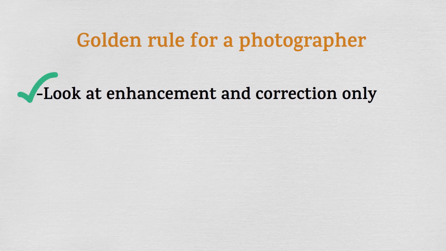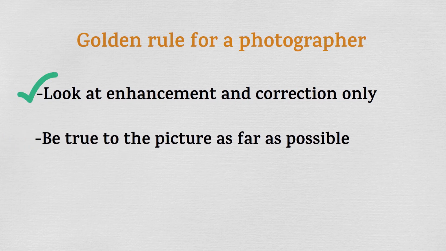Like I said, the golden rule for a photographer is that you should look at enhancement and correction only. Be true to the picture as far as possible. Like I said, the camera has its own disadvantages and its own limitations in terms of capturing the true picture.